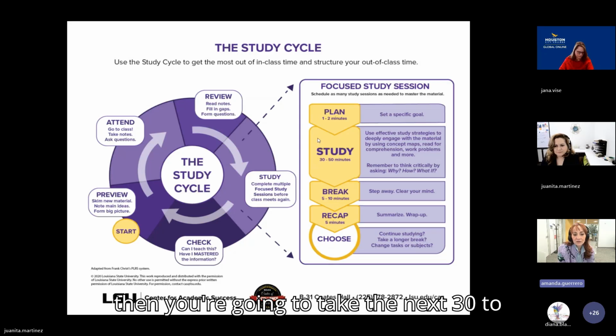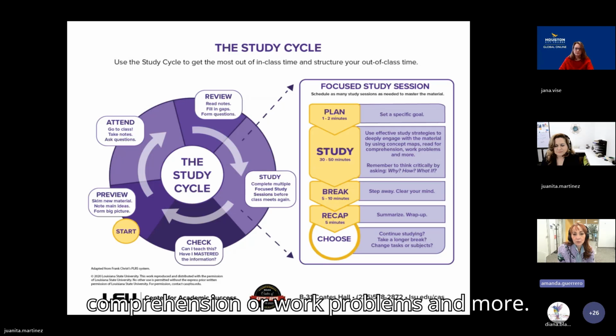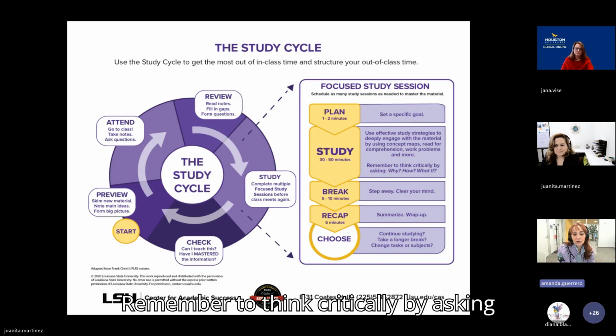And then you're going to take the next 30 to 50 minutes using effective study strategies like what we've been discussing to deeply engage with the material. It's a good idea to use concept maps and to read for comprehension or work problems and more. Remember to think critically by asking the whys, the hows, and the what ifs during that study session.